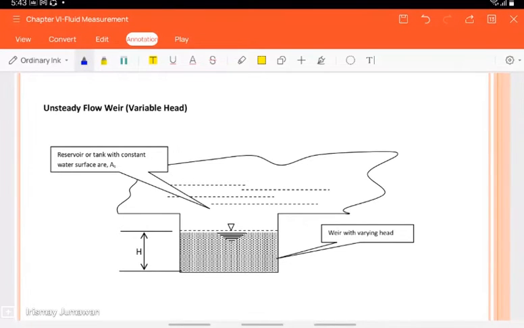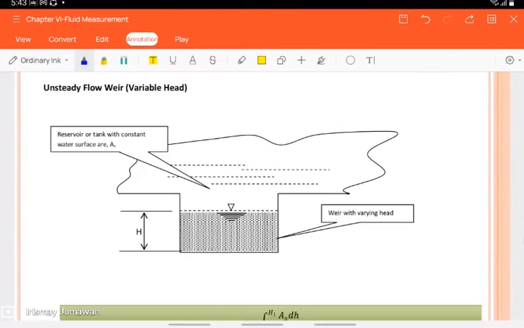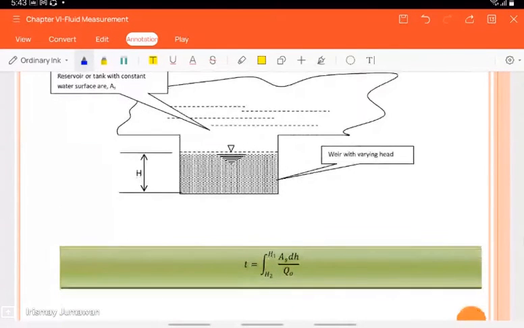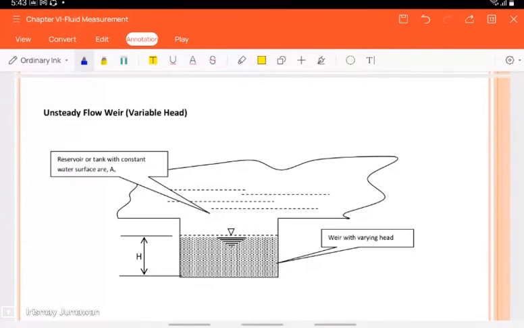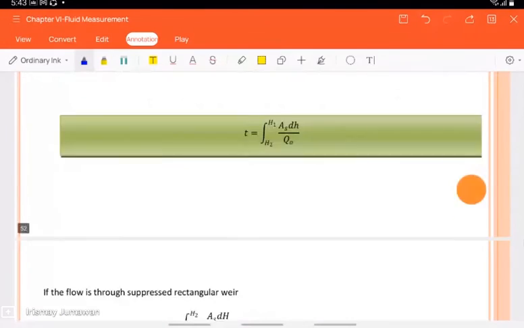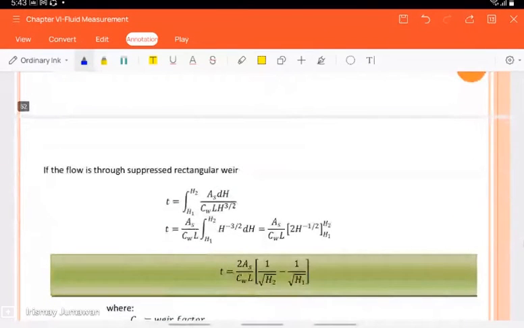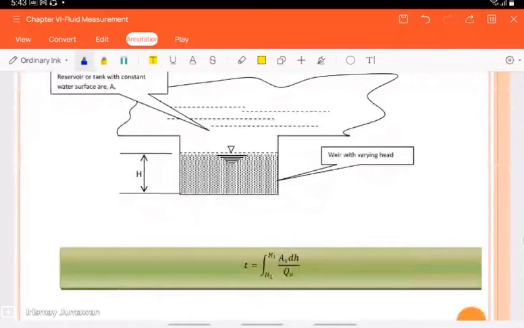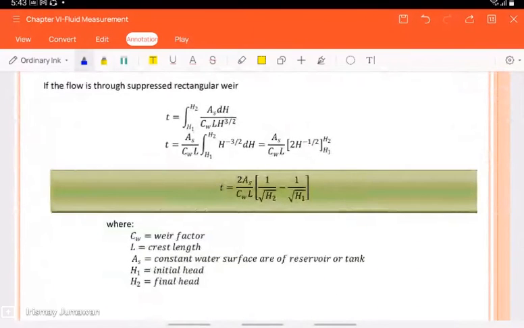So it will vary, and you have to determine the time. So this is the formula for unsteady flow here. Okay, so here we also have this one. This is the formula. Okay, and this is how we derive the formula for this problem.